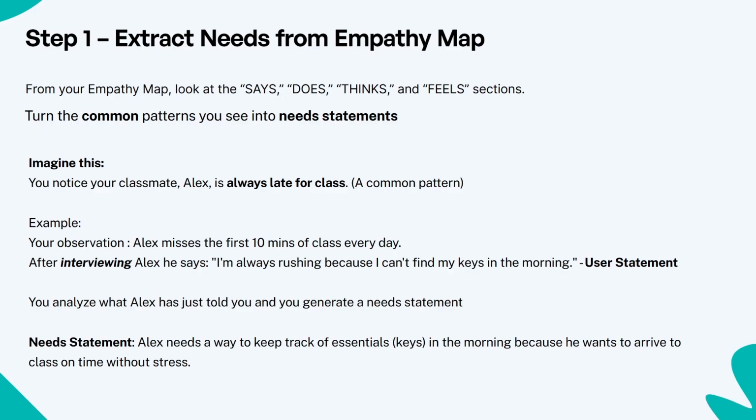Maybe it's one of the common statements that you found during your research. Maybe you're trying to help students come to class earlier, and you realize that almost 50% of them were saying that they're always rushing because they can't find their keys in the morning. And maybe you came up with a persona called Alex to represent the 50%.